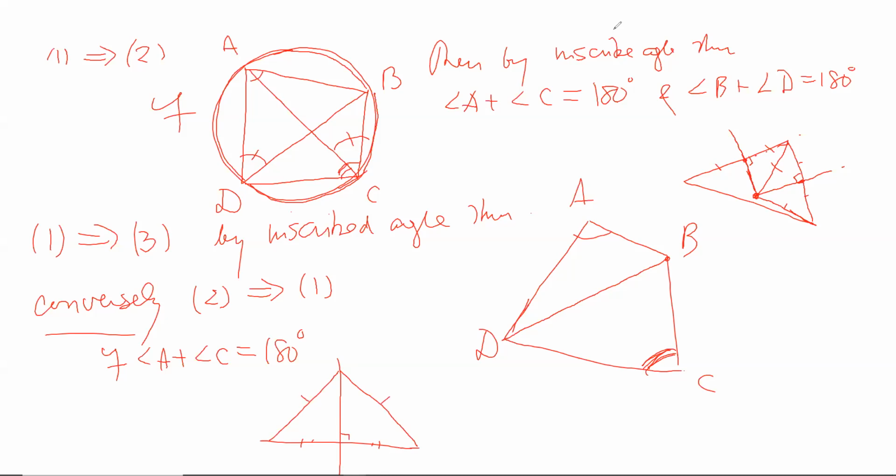You agree? Because this side is shared, yes? So by the Pythagorean theorem, this side equals this side, and therefore this side equals this side. Do you agree? Any point on the perpendicular bisector is equidistant to the 2 points A and B. Any point.